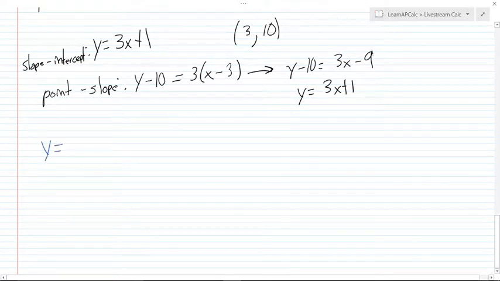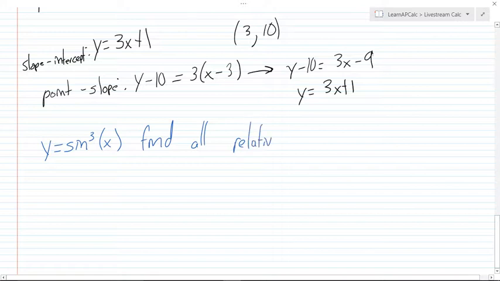So we have y equals sine cubed x. Find all relative extrema on the interval 0 to pi.